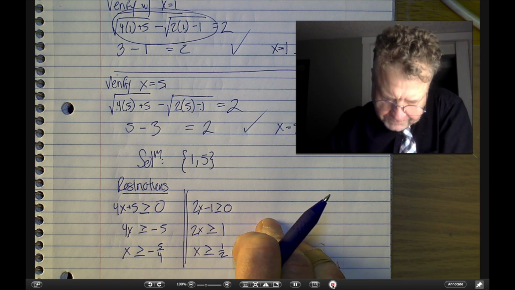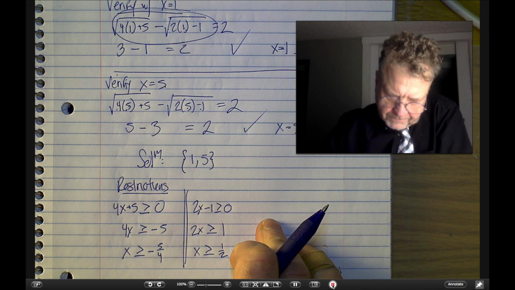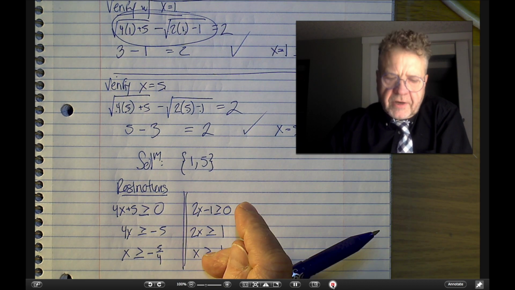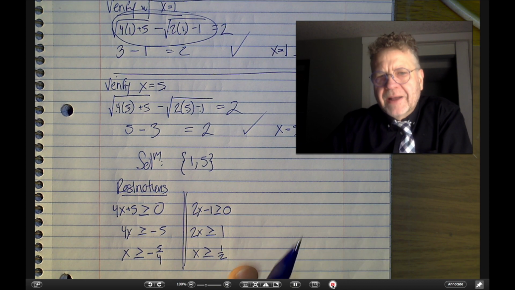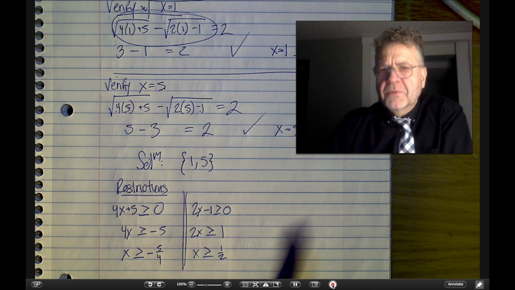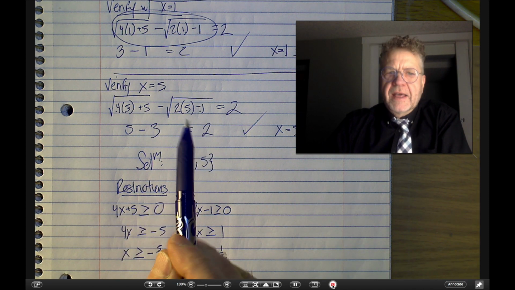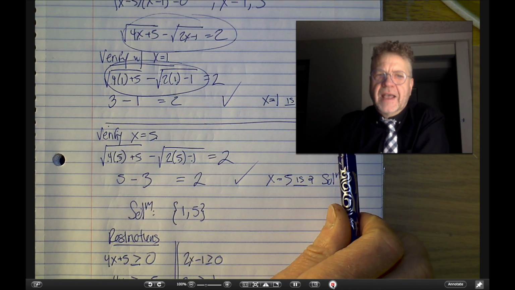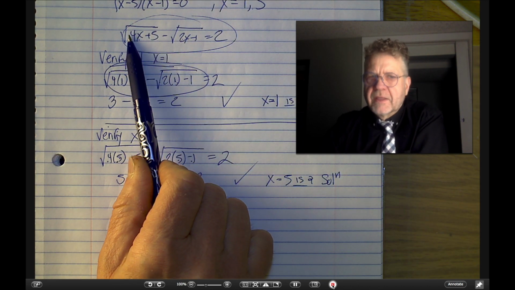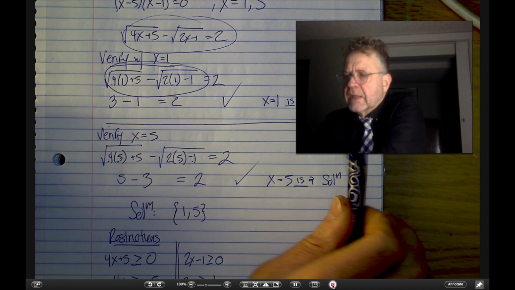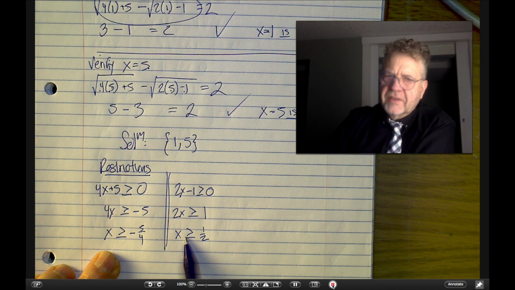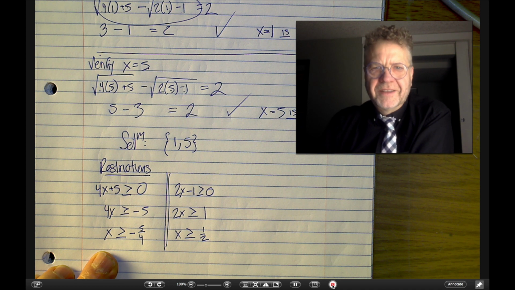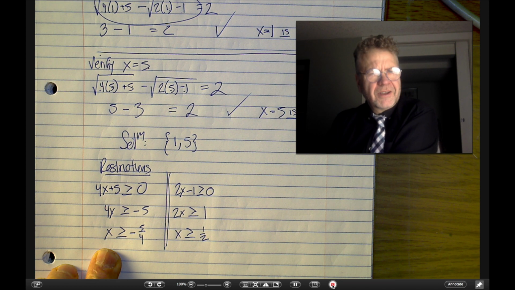All right. So we've got two restrictions here, but because we're looking for values for x that don't make the original equation blow up, if you have two restrictions like this, you have to use the most restrictive restriction.